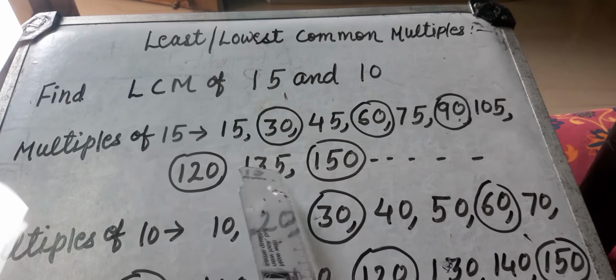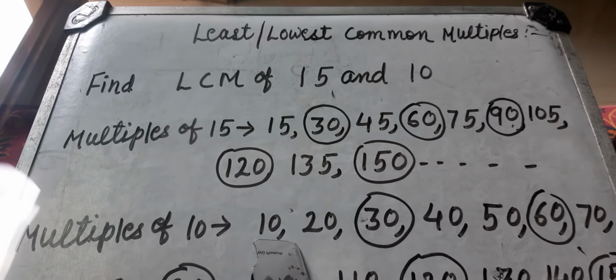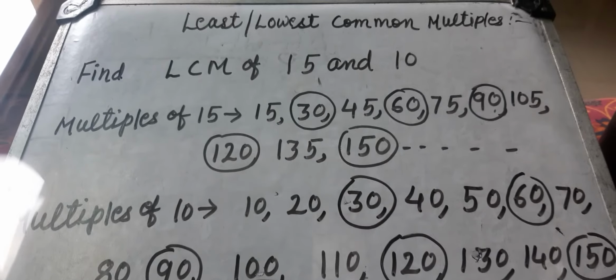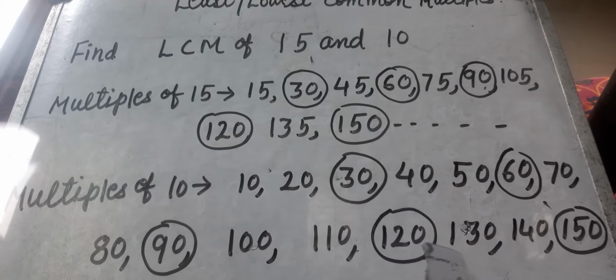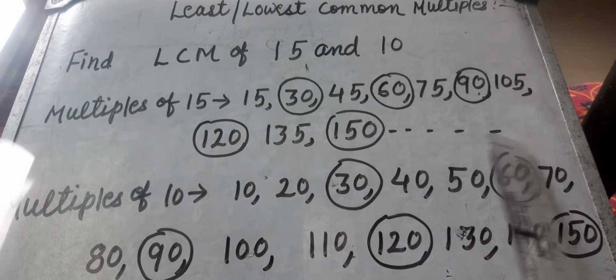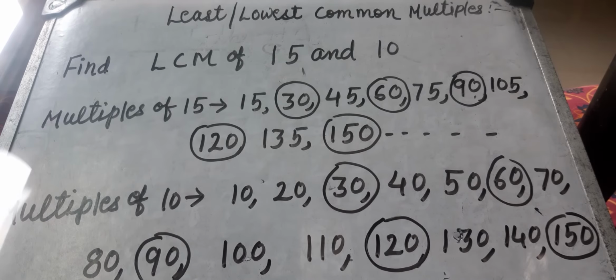These are the multiples of 15. Similarly, multiples of 10: 10, 20, 30, 40, 50, 60, 70, 80, 90, 100, 110, 120, 130, 140, 150 and so on.